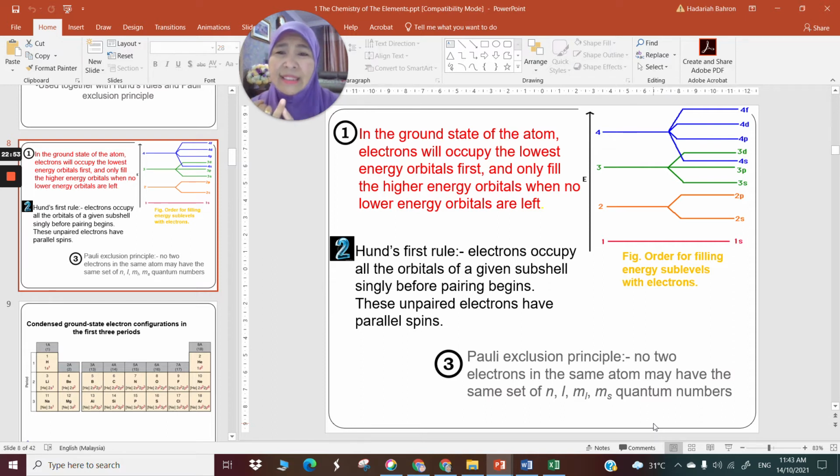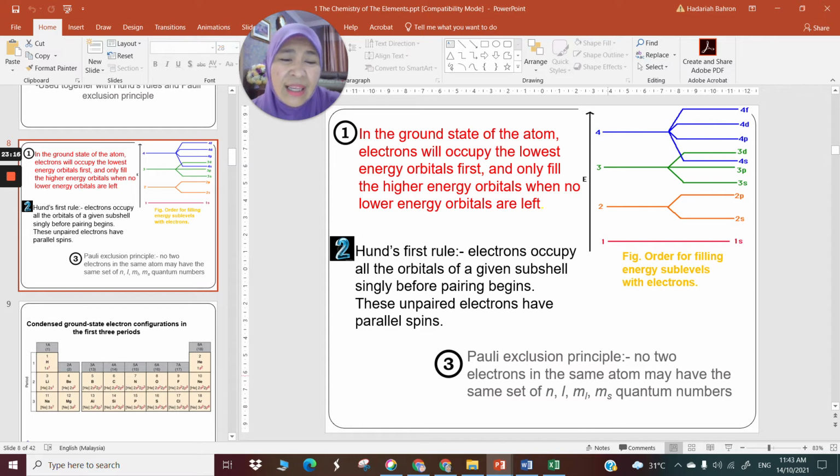So n is the quantum number which is the shell. l describes your type of orbital, whether it is s, p, d, or f. m describes your spin, either spin up or spin down. So don't worry about that.